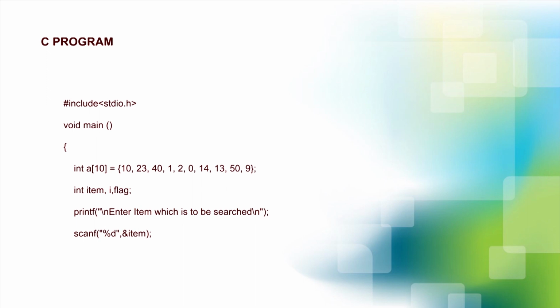So, printf "Enter item which is to be searched." What we want to find in the array, from any allocation in memory, we pass that value with the help of printf and scanf. So, scanf with percent d, to find out whether that particular item is available inside the memory or not. I apply a for loop.